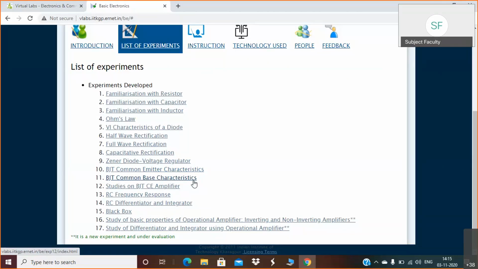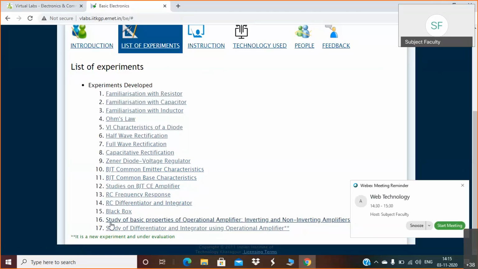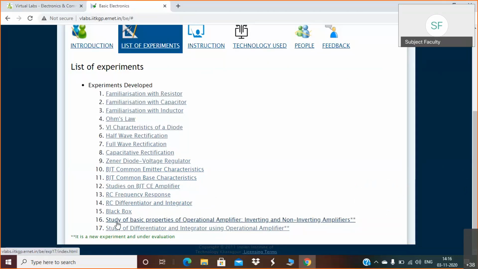Right. And then one more from this list we will see, that is number 16. Number 16 is study of basic properties of operational amplifier, inverting and non-inverting amplifiers. We have already seen these inverting and non-inverting amplifiers using op-amp.